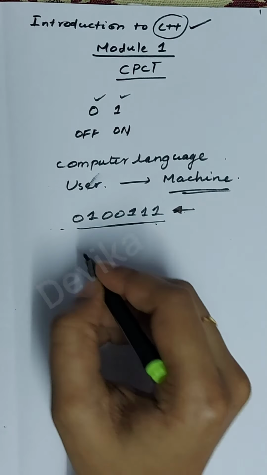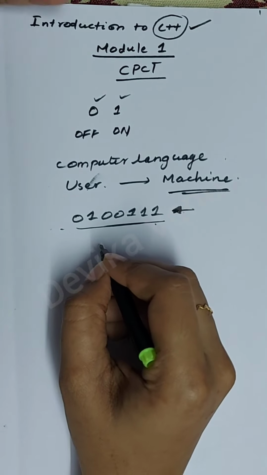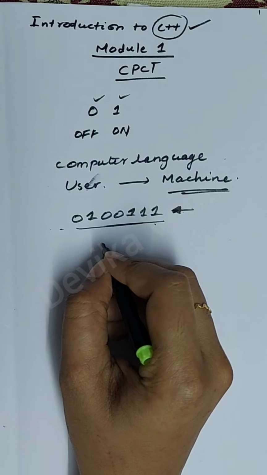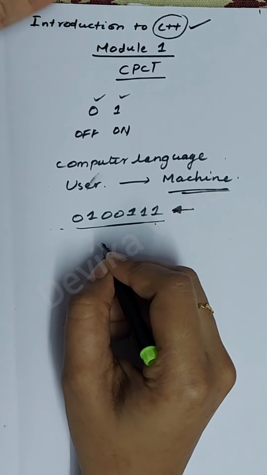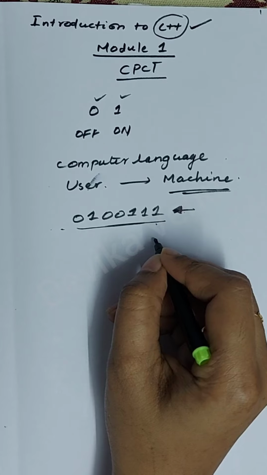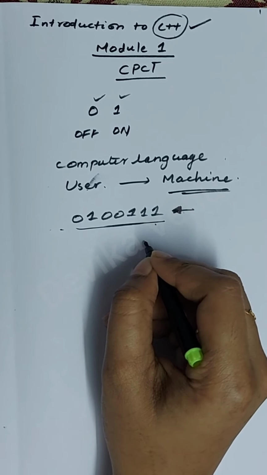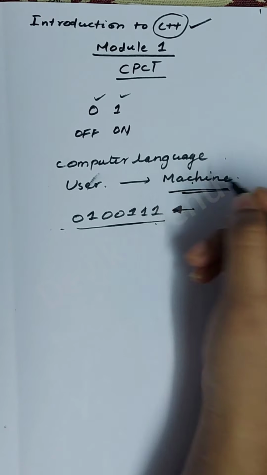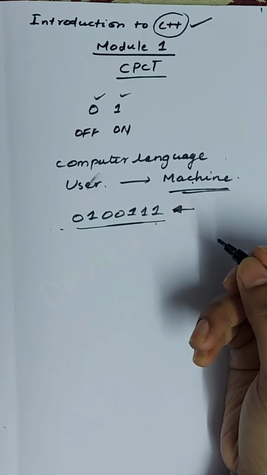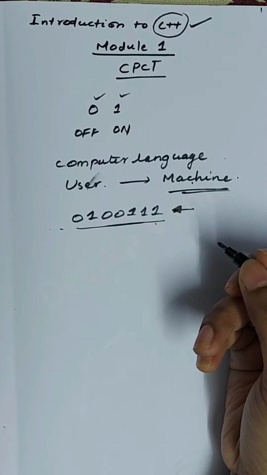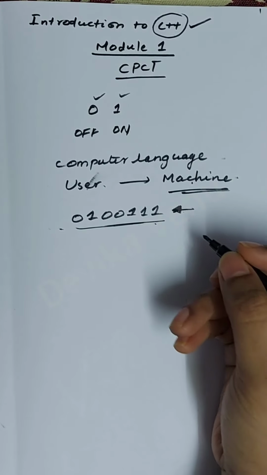So for that, I need a language where I can meaningfully convey the job, and also that language helps the machine understand what we are intending to make that machine do.